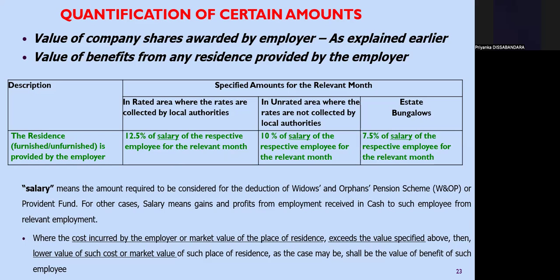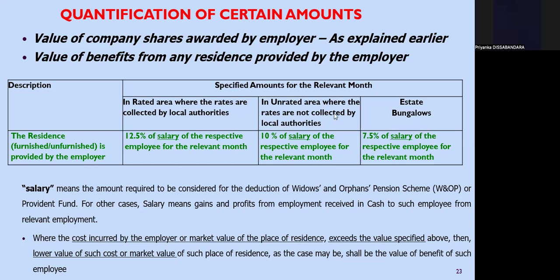This amount is for the month. For a 12-month period, that means for the year of assessment, we have to multiply this amount by 12. This is the value we have to consider for the monthly housing benefit.